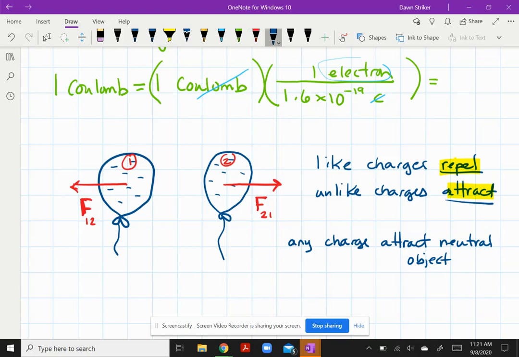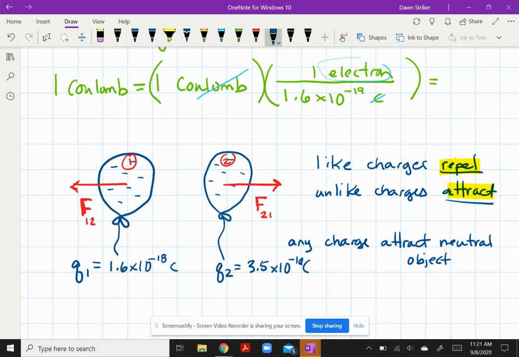So let's make up some charges. Let's say that the charge on balloon 1 is 10 extra electrons, so 1.6 times 10 to the negative 18 coulombs of charge is 10 electrons. And the charge on balloon 2 is, I'm just going to make something up, 3.5 times 10 to the negative 19 coulombs of charge.